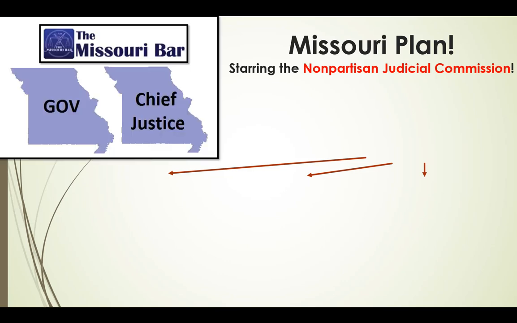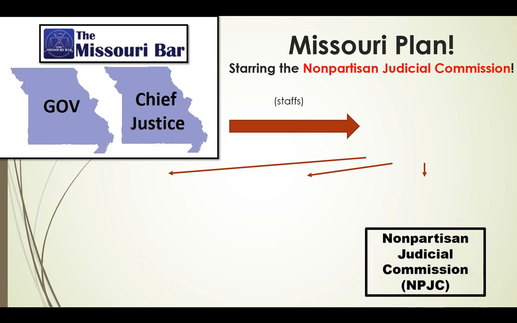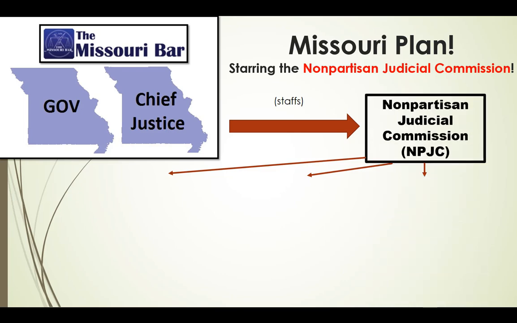Well, first things first, you have yourself something called the Nonpartisan Judicial Commission, or NPJC. And it is staffed by this collection of people in the upper left-hand corner. You have the governor working with the current Missouri Chief Justice, working in tandem with the Missouri Bar, which is an association that represents Missouri's lawyers.